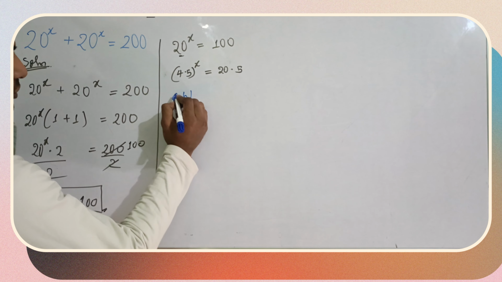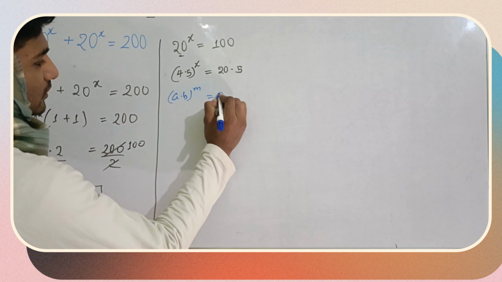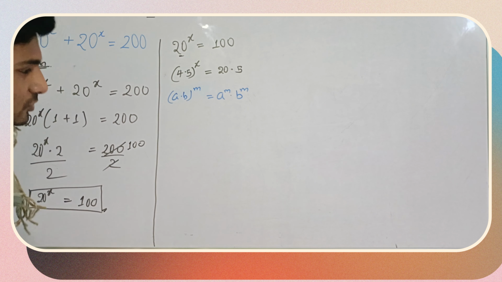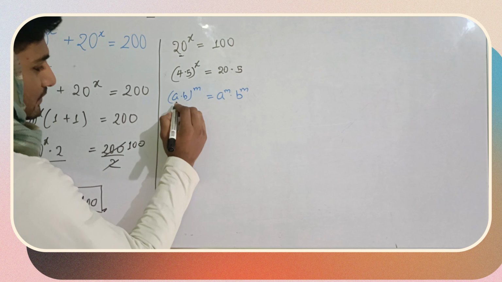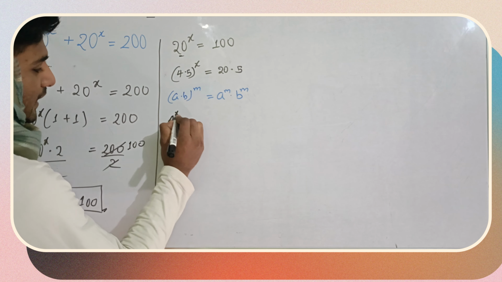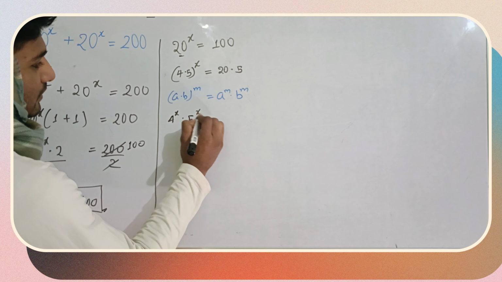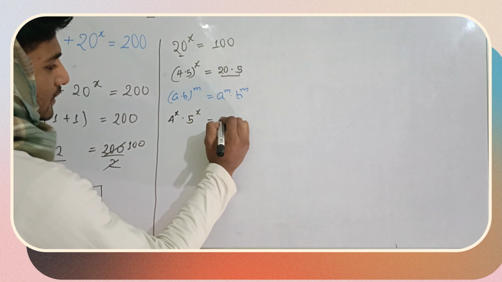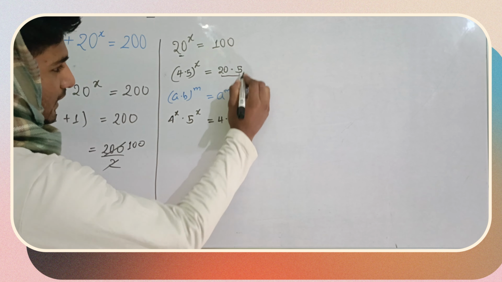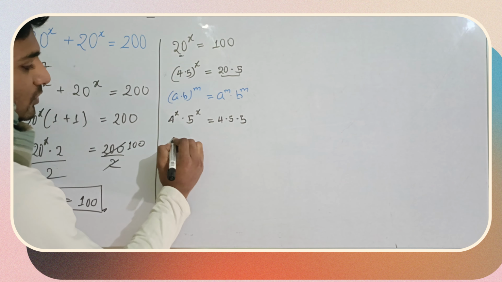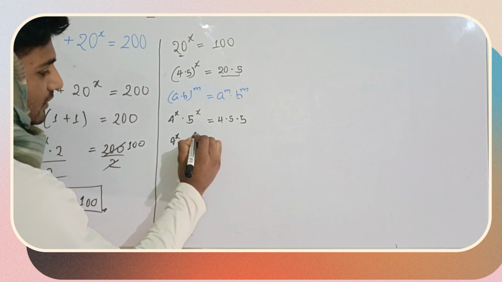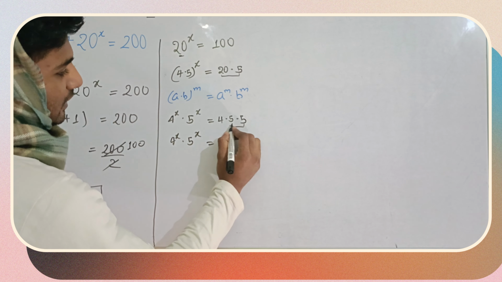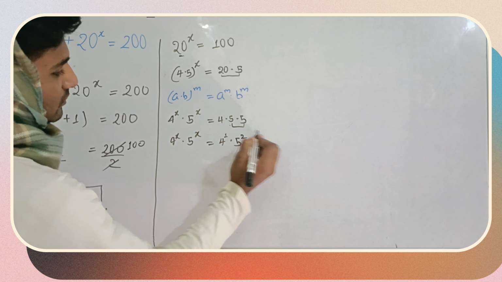Now we know the property that (a times b) raised to the power m is equal to a raised to the power m times b raised to the power m. So using this, here we get 4 raised to the power x times 5 raised to the power x, and 100 can be written as 4 raised to the power 1 times 5 squared.